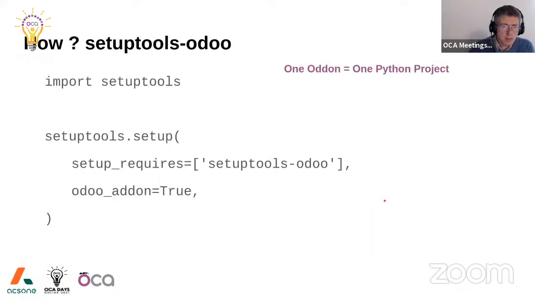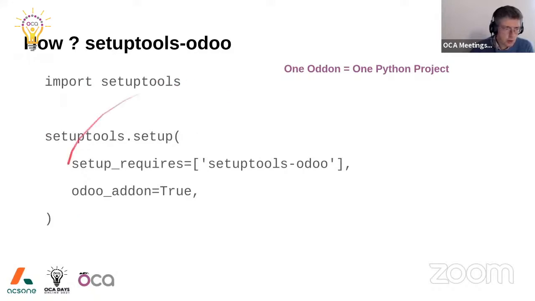And the other part is that to package and to create a Python project out of an Odoo add-on, we need to leverage the fact that for an Odoo add-on, all the metadata is found in the manifest. The way I've done that so far is by using a setuptools extension, which is called setuptools-odoo, that works like this.